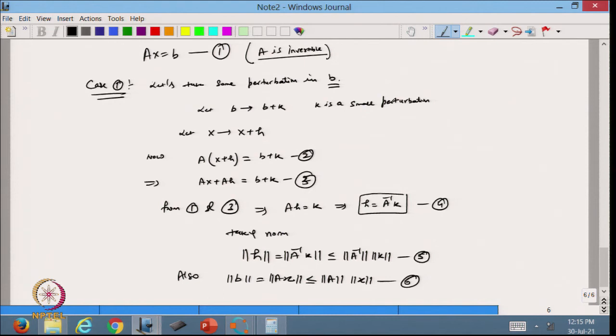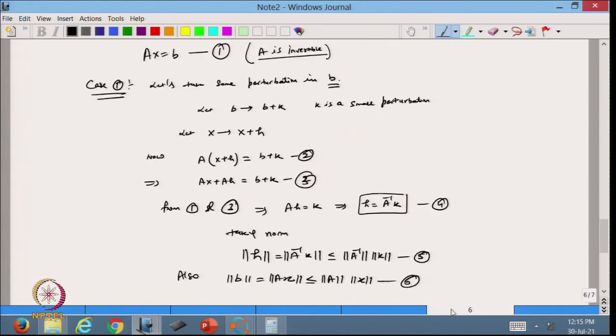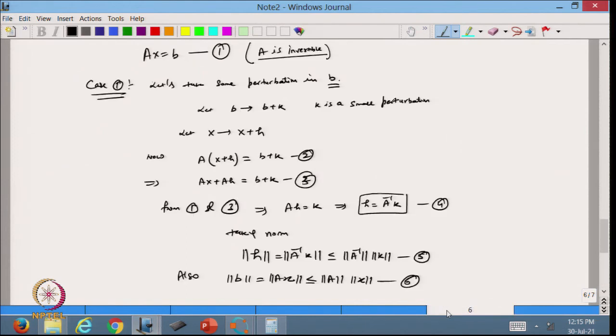So, from 5 and 6, this quantity, the norm of Ax, is bigger than this one. From equations 5 and 6, my norm of h is less than this, and this is the bigger one.